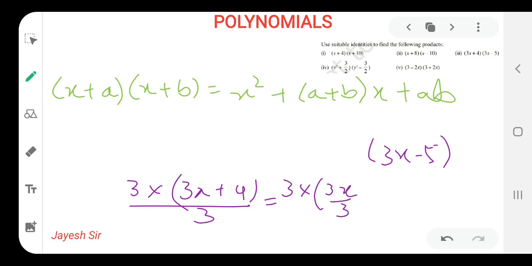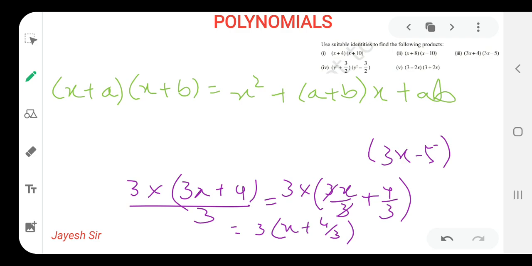So let's write one more step so that you would be easily able to understand it properly. This is the thing that we can do. Now after further solving it, this should be cancelled. So what we will get is 3x plus 4 by 3. Now in this we have got the value, after solving, as 3 into x plus 4 by 3.